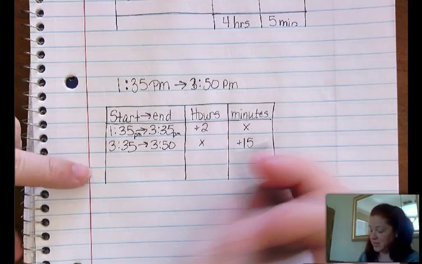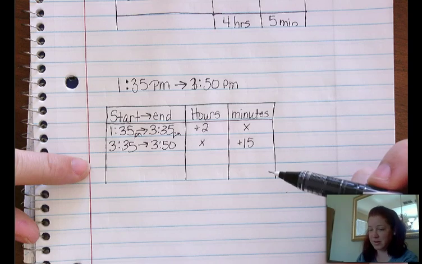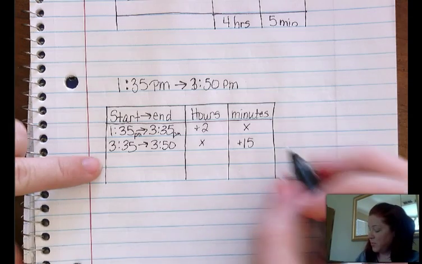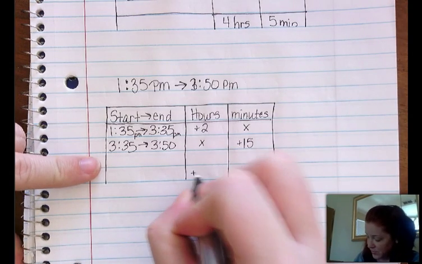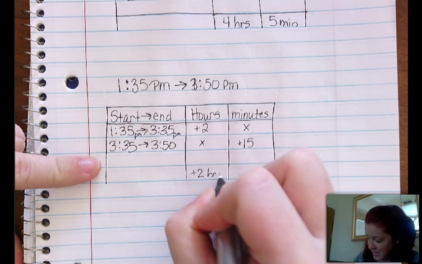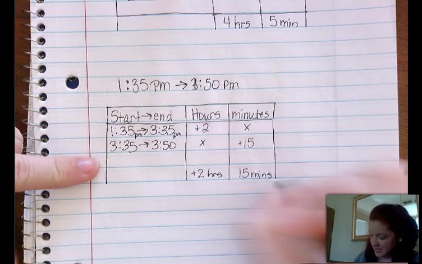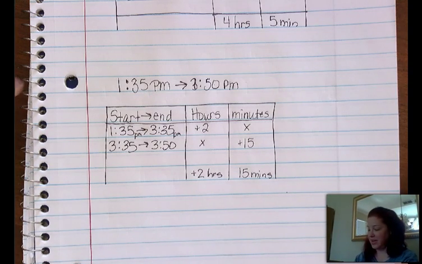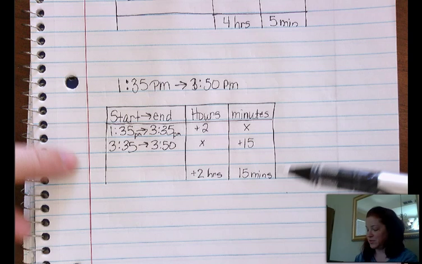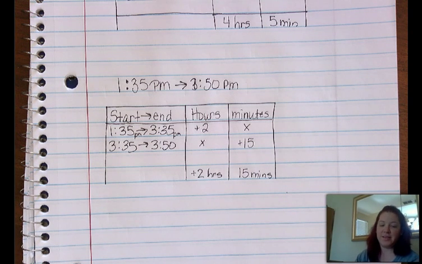That's 15 minutes. See, we did not end up using our entire table. We just count up our different rows. We have 2 hours and 15 minutes. There you go. The movie lasted for 2 hours and 15 minutes.